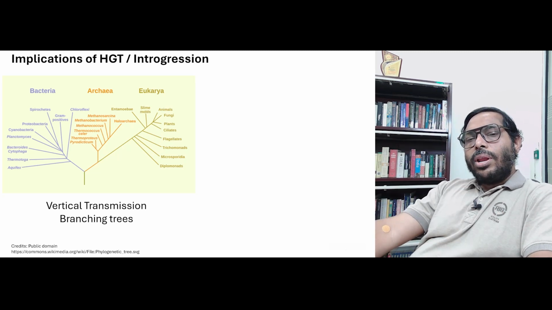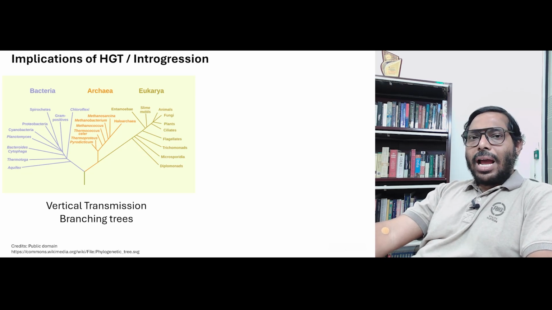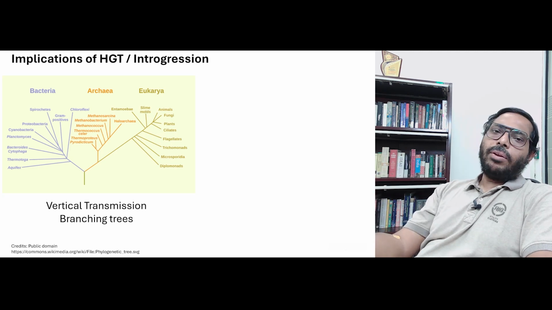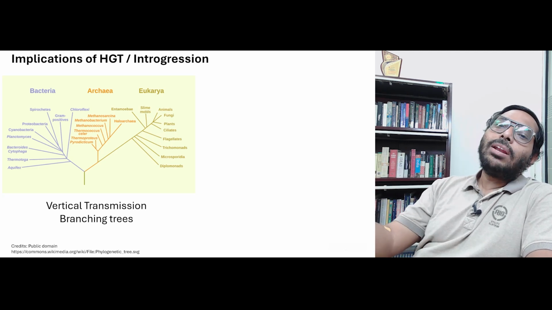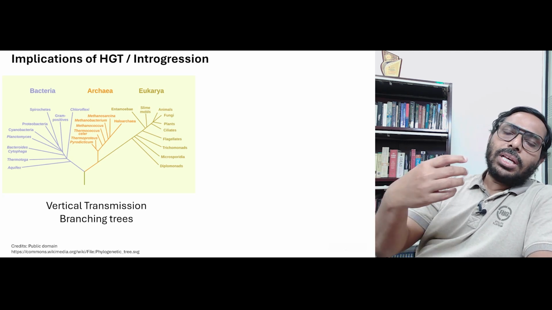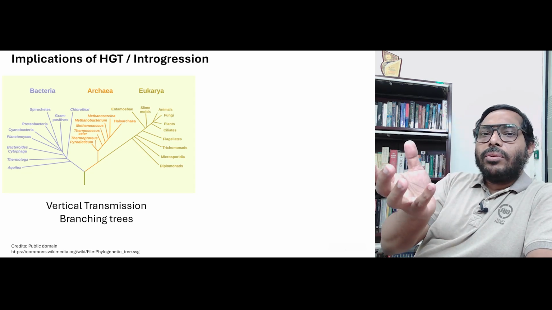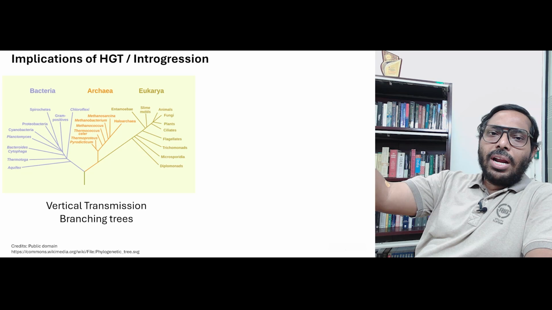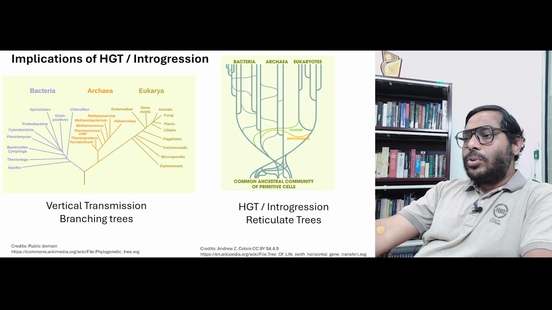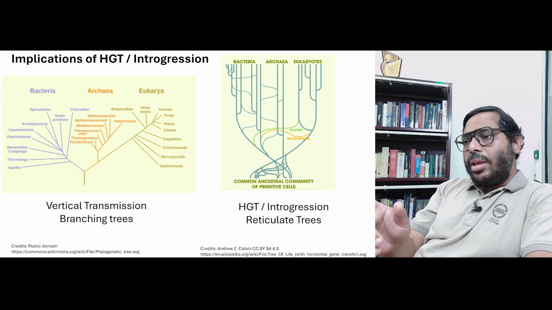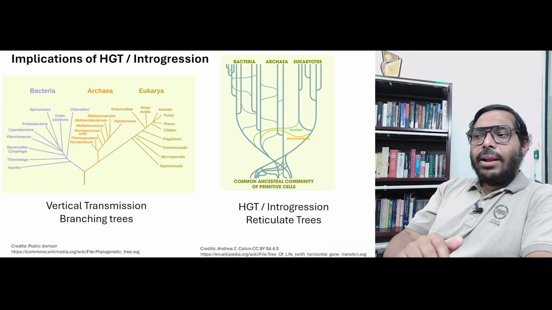However, when you have horizontal gene transfer, what this is implying is that in the context of where your genes are coming from, you can have more than one ancestor. So, some of your genes are, let us say, coming from Homo sapiens, but some of your other genes are coming from Homo neanderthalensis. If you have a situation like this, then you end up having a tree which is known as a reticulate tree.